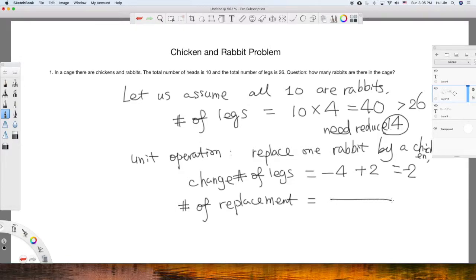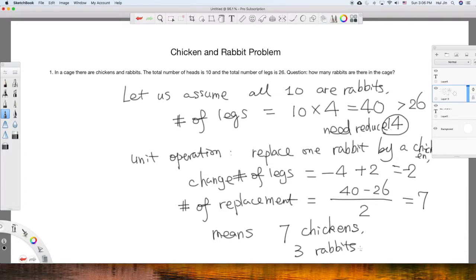The number of replacements equals the final change I want, which is 40 minus 26. That's like starting with all rabbits, I want to go to 26. So I need to reduce 14. And every time I do it, I'm reducing 2. So that's 7, which means you're going to replace 7 times, which means 7 chickens, because you're taking 7 rabbits out and putting in 7 chickens, and then 3 rabbits.